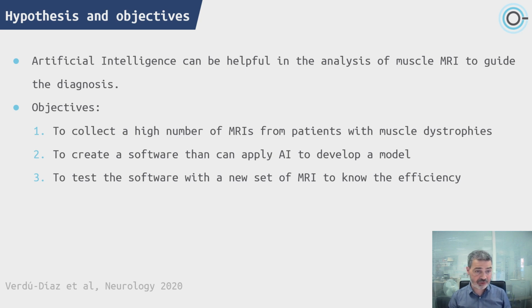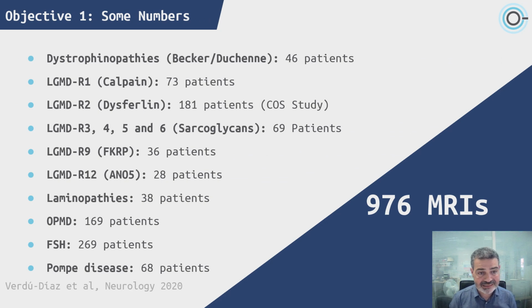The first one was to collect a high number of MRIs from patients with 10 different muscular dystrophies with a genetic diagnosis, in order to have a large collection of MRIs of these patients to work with. The second was to create a software that could apply artificial intelligence and develop a model that could be useful for the analysis of these MRIs. And the third one was to test this software with a new set of MRIs to know the efficiency of the model.